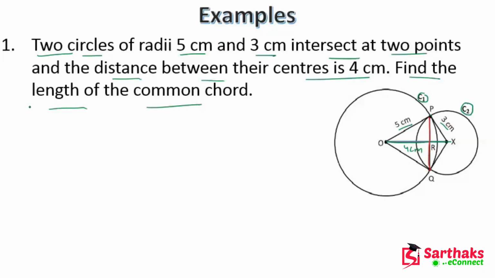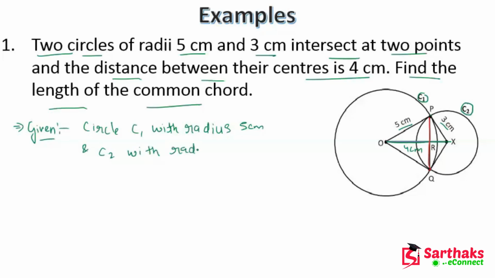Okay. Now first of all we have to write the given part. So we have circle C1 with radius 5 cm and circle C2 with radius 3 cm.